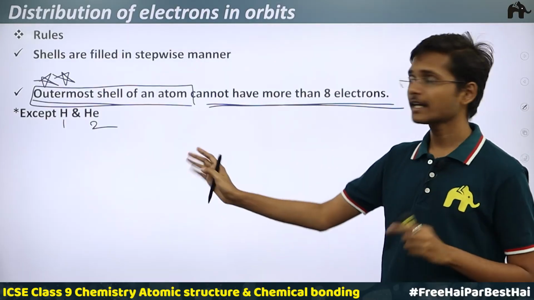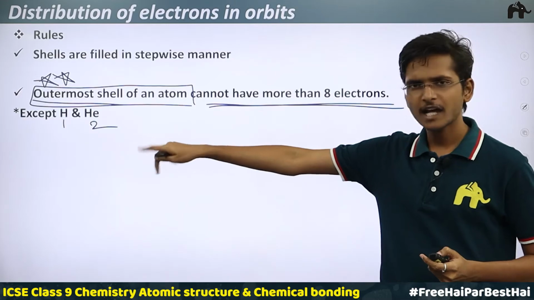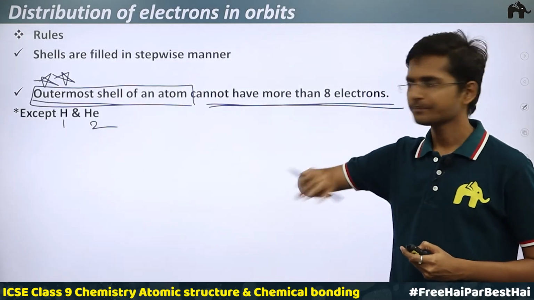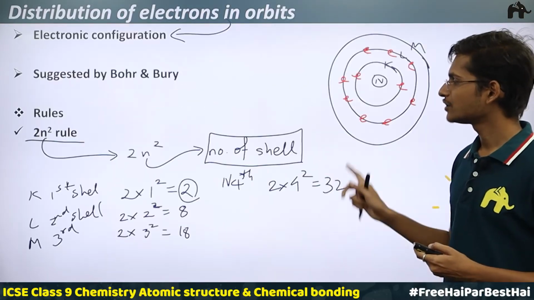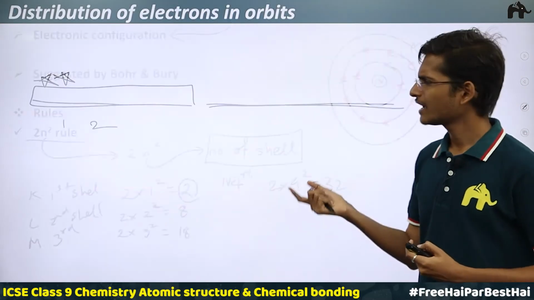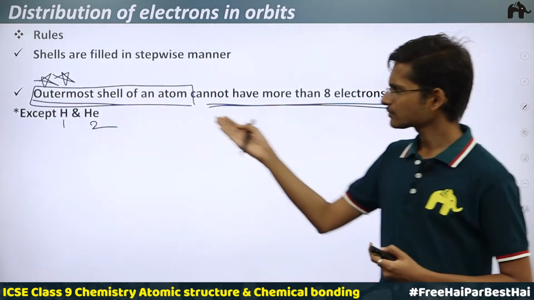So their outermost shell can have a maximum of 2 electrons, because they have 1 and 2 electrons, and the first shell only has the capacity to accommodate 2 electrons, and these atoms don't move beyond 2 electrons.